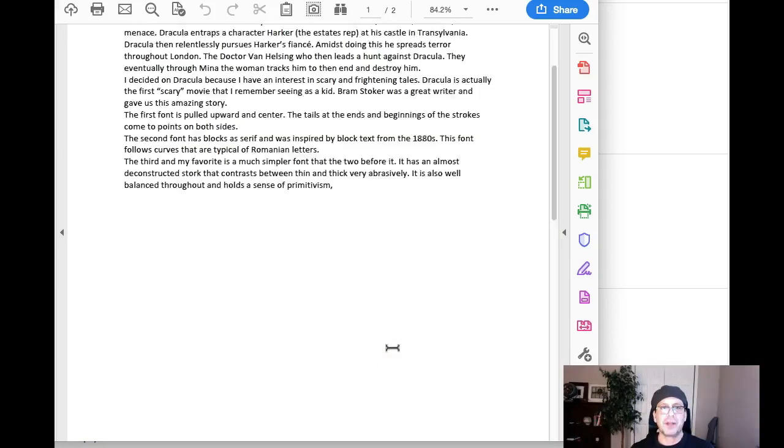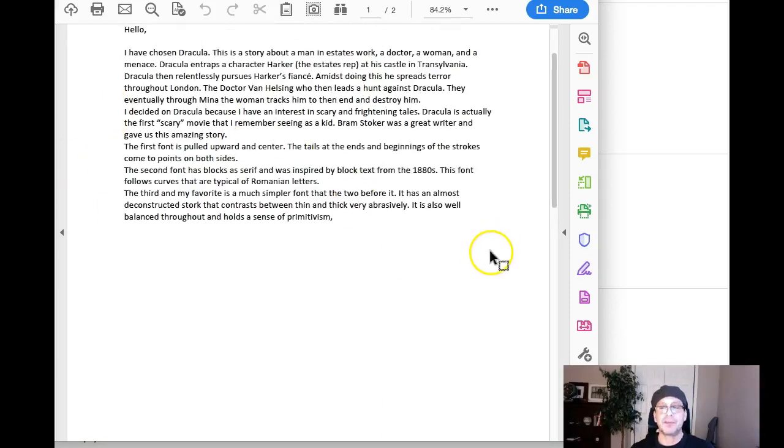I would also like to see some further descriptions in your writing. In other words, you've got this great setup, but then you fall a little bit short in describing the visual attributes of the letter forms as they relate to the story setting, the location, the characters, the attributes of the characters, the general theme of the story itself.